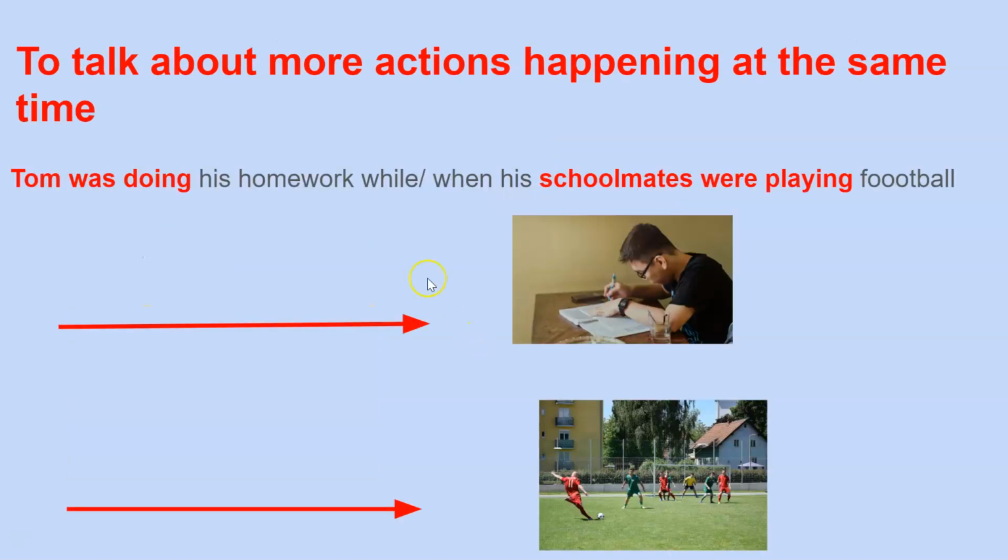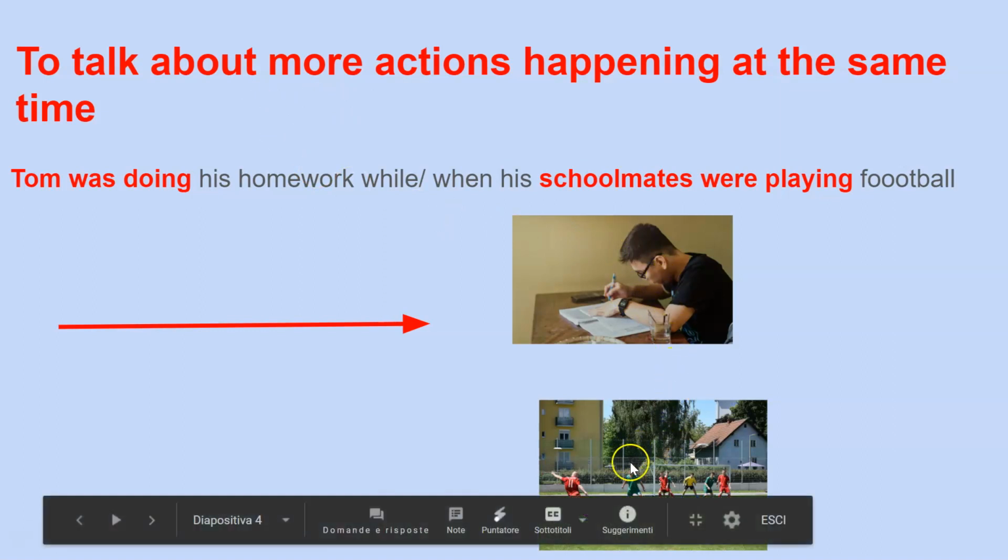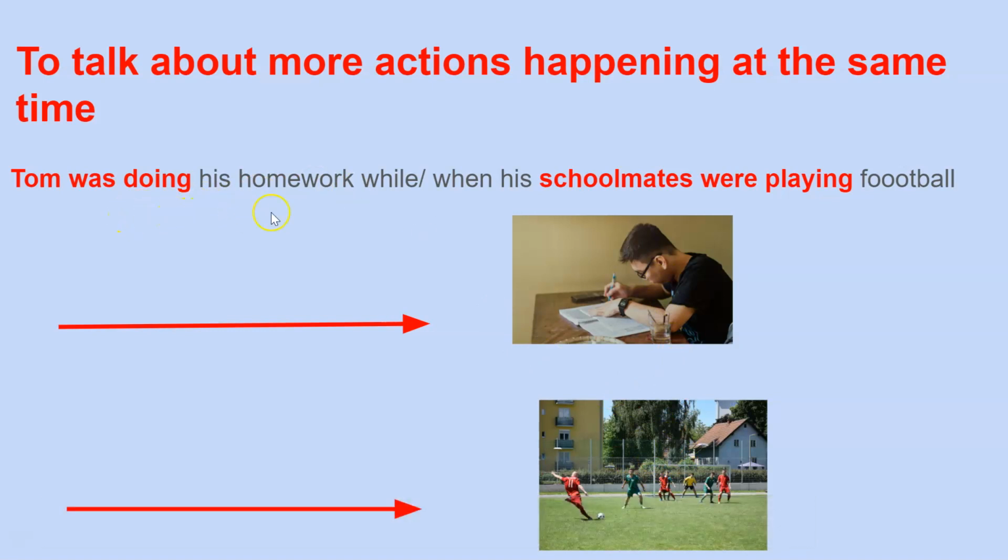The other situation is when we talk about more actions happening at the same time. For example, in this picture you see a guy studying and people playing football. Tom was doing his homework while his schoolmates were playing football.